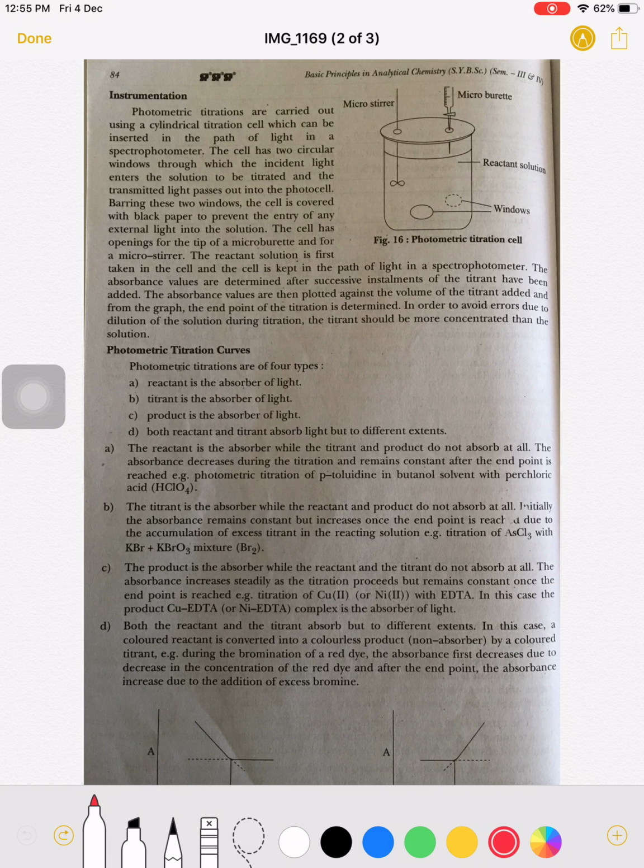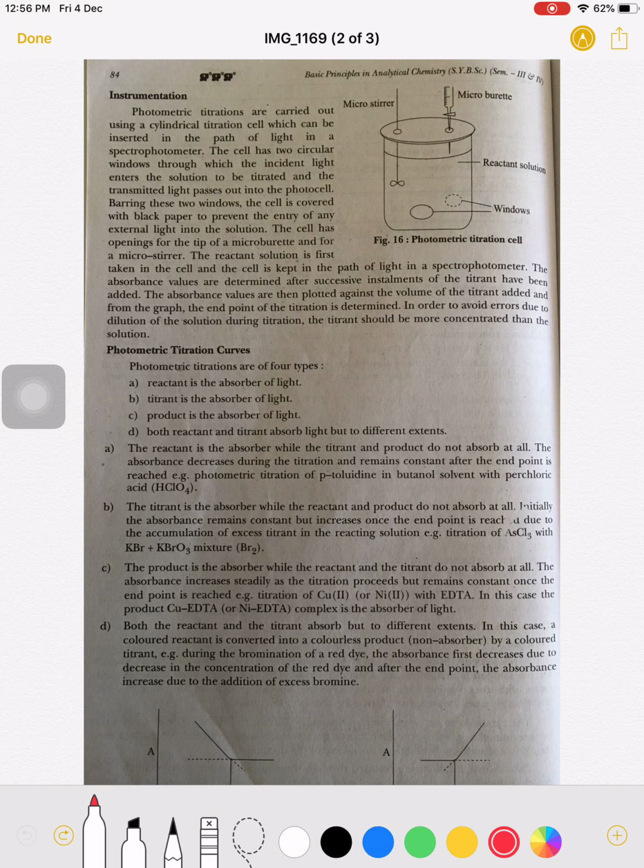The photometric titrations are carried out using a cylindrical titration cell which can be inserted in the path of light in a spectrophotometer. So this titration cell is kept in the spectrophotometer between the path of incident light and the receiver, that is the detector.